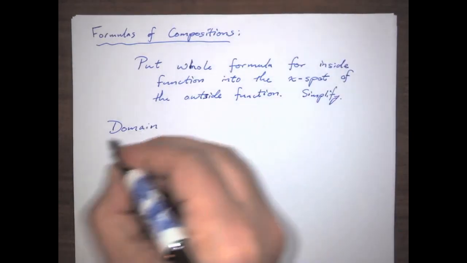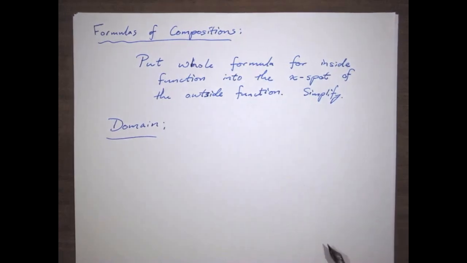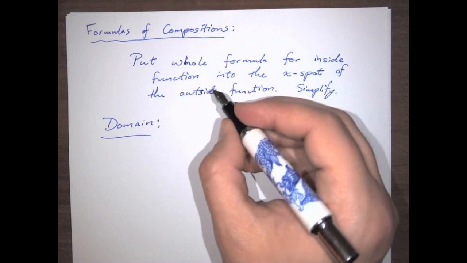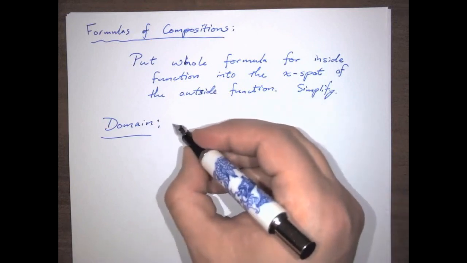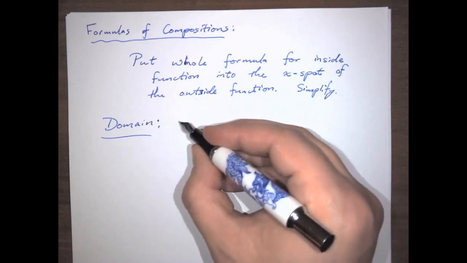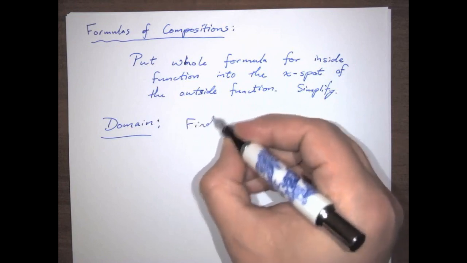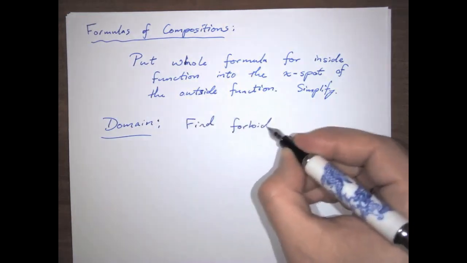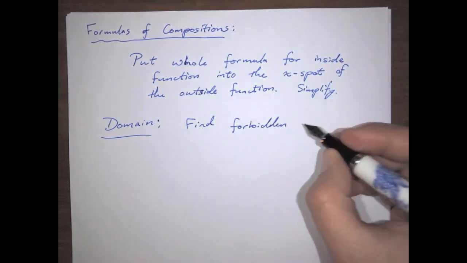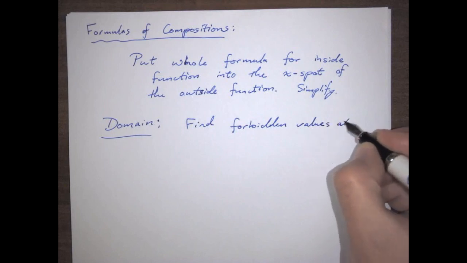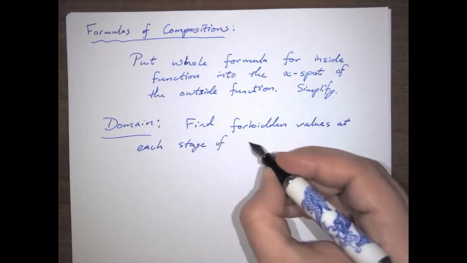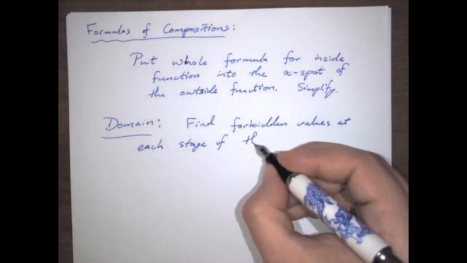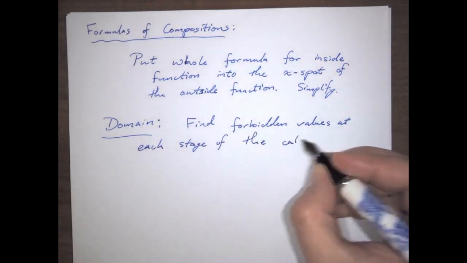And then we also have to worry about the domain. So for the domain of a composition of functions, it's very similar to what we did with the combinations of functions, in that we are going to find the forbidden values at each specific stage of the calculation, or sorry, of the simplification.